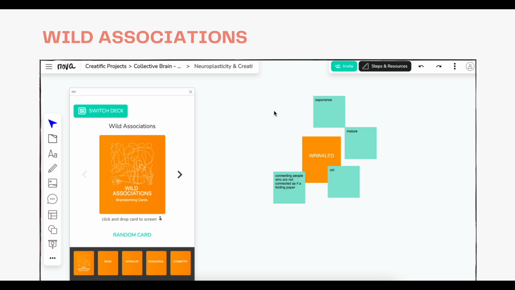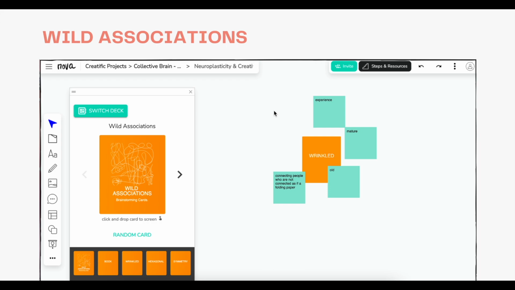Basically, what you do, you start the brainstorming session with an idea, with a question, and you will choose random cards, add them to the board, and people will try to connect the initial idea with this word or with this picture.